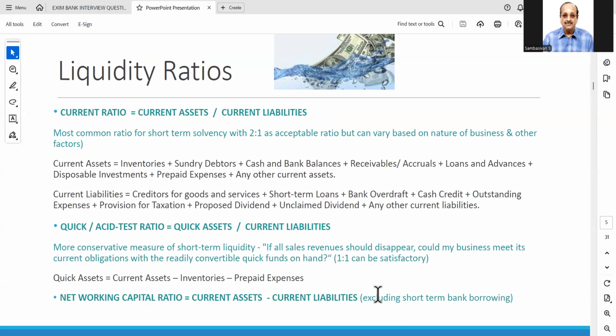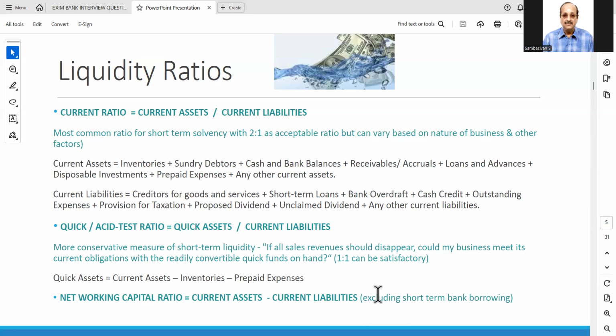Current liabilities is equal to creditors for goods and services, short-term loans, bank overdraft, cash credit, outstanding expenses, provision for taxation, proposed dividend, unclaimed dividend. Then quick ratio or acid test ratio is equal to quick assets by current liabilities. It is a more conservative measure of short-term liquidity.